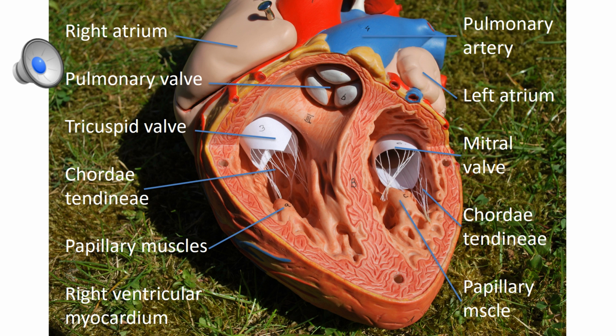And this means the blood can flow freely from the atria through to the ventricles. So when the ventricles are relaxed, the papillary muscles are also relaxed. They're not in a contracted state. And the chordae tendineae, the tendinous cords, are loose, they're slack.